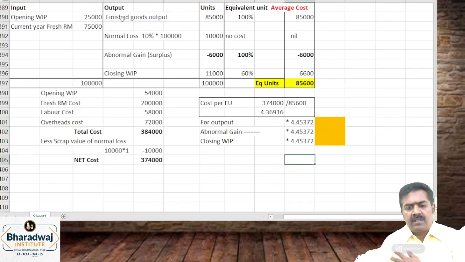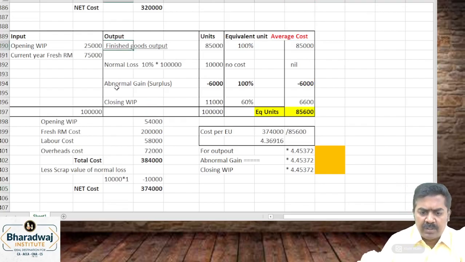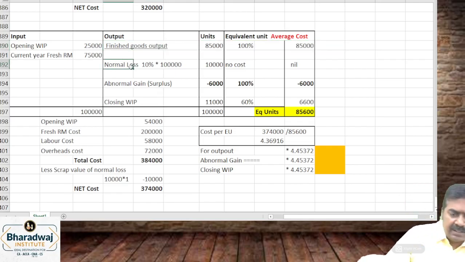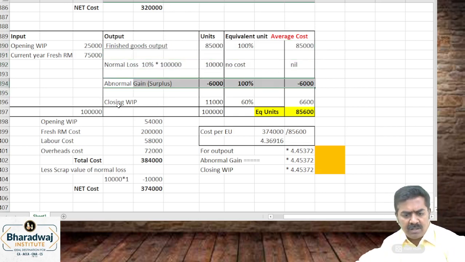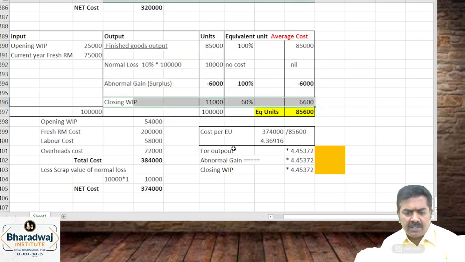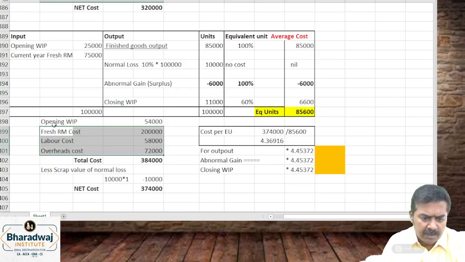I repeat, while using average costing method, we just see the finished goods output transfer to the next process. We don't classify like FIFO method. Normal loss, no cost, abnormal gain as usual, closing WIP, whatever we completed this year. While working out the total cost, we take current year cost plus opening WIP cost.